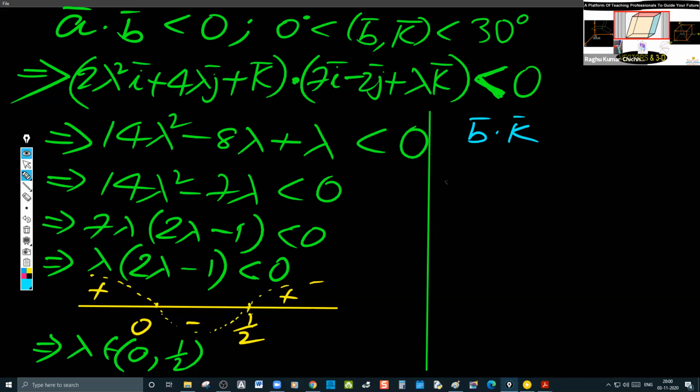What is B bar dot K bar? Mod B bar into mod K bar into a value which is less than 30. That is, less than 30 means your cos must be lying between 0 degrees and 30 degrees.